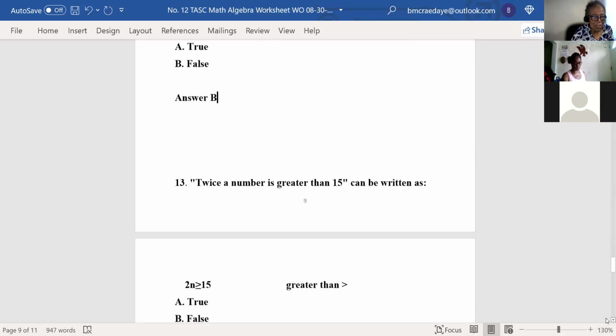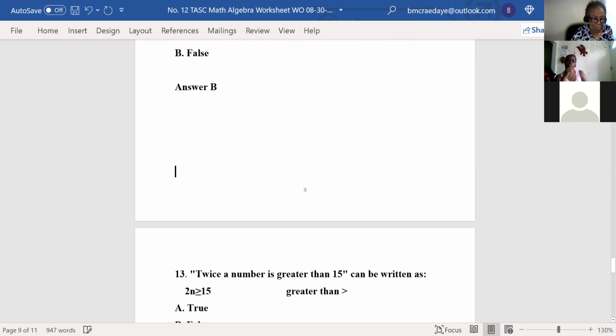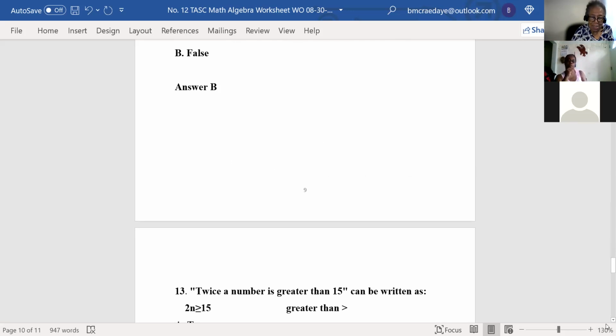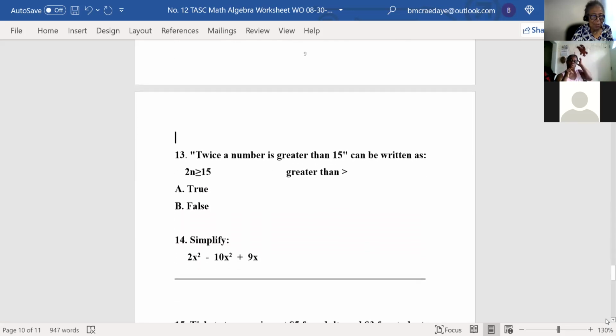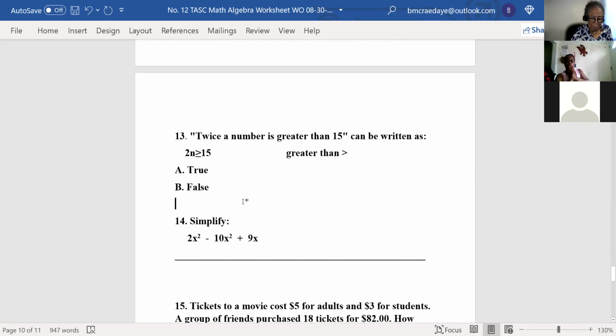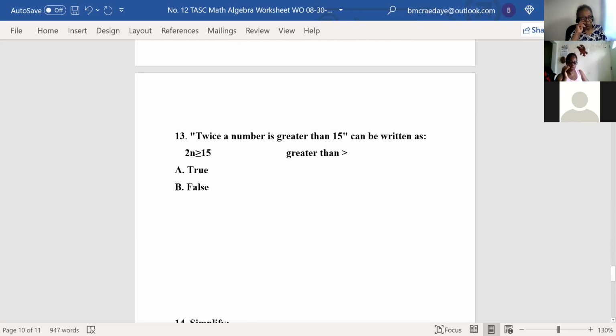Vanessa, number 13. Read it. Tell me what the answer is. Twice a number is greater than 15. It can be written as 2n greater than or equal to 15. Is that true or false? Twice means you're multiplying it by 2, right?